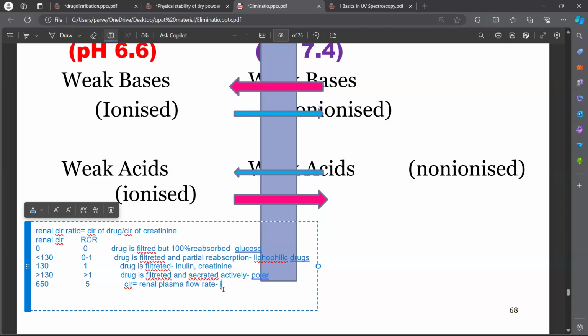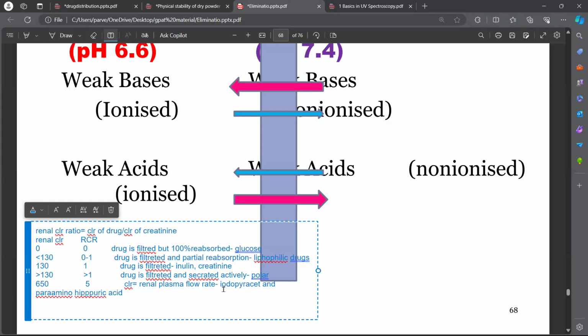Iodopyracet and para-aminohippuric acid. Hippuric acid also. So this also has to be remembered by you guys.